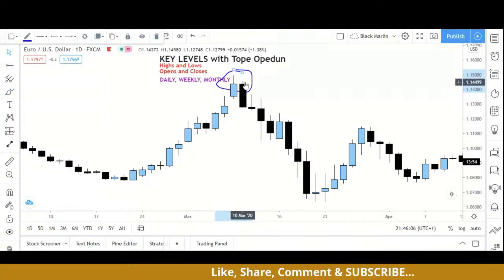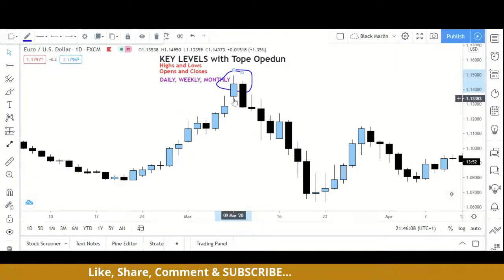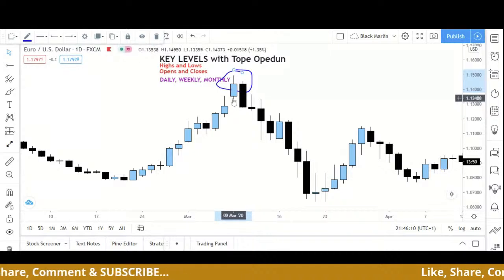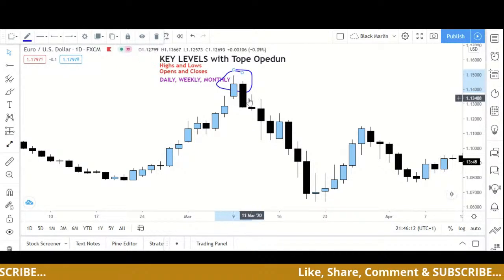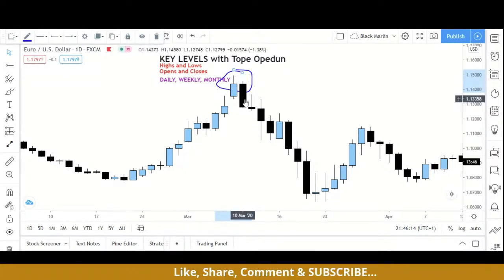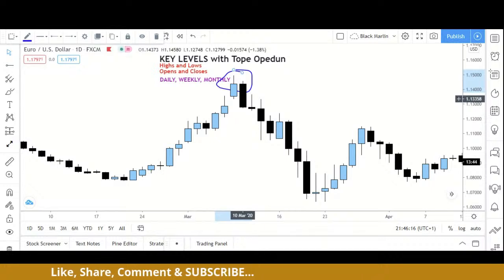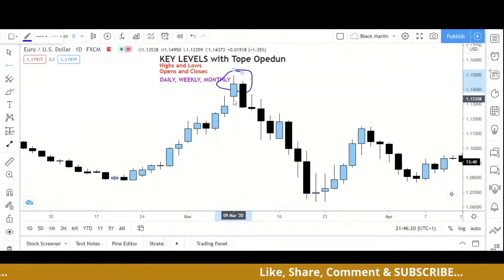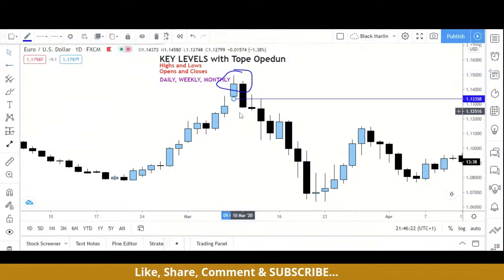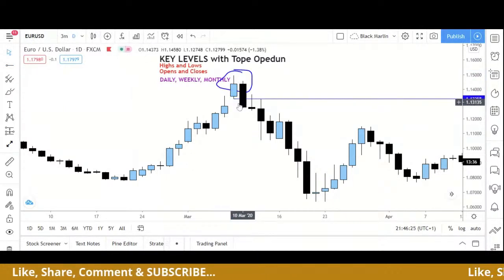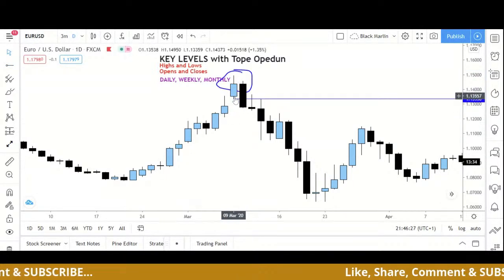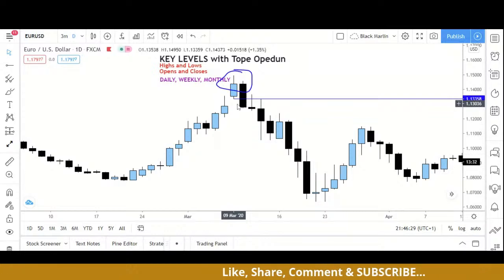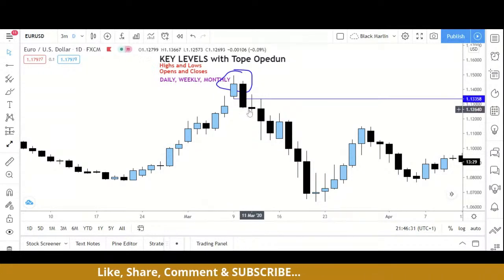And as you can see, there's a bearish engulfing that closed aggressively below the low of the 9th of March. So on the 10th of March, we saw that aggressive close, okay? And because you've listened to the teaching and you've done your homework and analysis, you dropped the line on the low of the 9th of March as your key level, and you just waited.